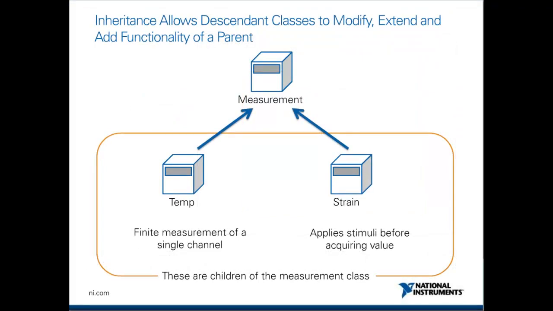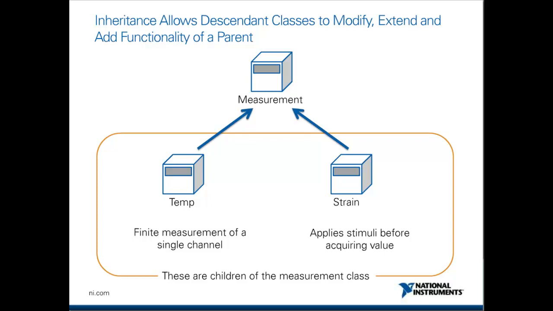So one of the first and very important distinctions that separates a class from a normal data cluster is the ability to inherit from a parent class. What that really means is that in this case we have a measurement class which has its own defined data scope and its own defined set of methods that can act upon that data scope. A class that derives from it or inherits from it actually inherits its data scope and its definition of methods that can act upon that data scope.